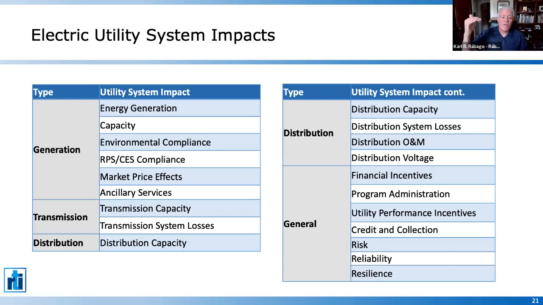They care about everything from generation all the way down through the transmission distribution system, through a pool of other general impacts like program administration impacts, credit and collection risk, reliability, and that increasingly important word, resilience, in the utility system. This breakdown is something we work through in NSPM.